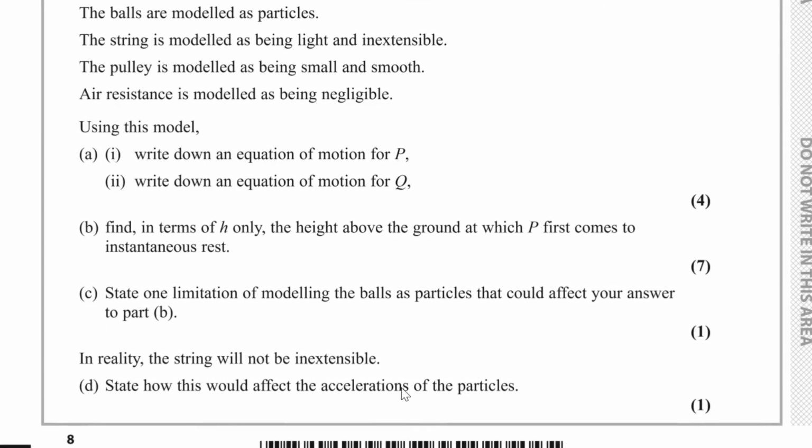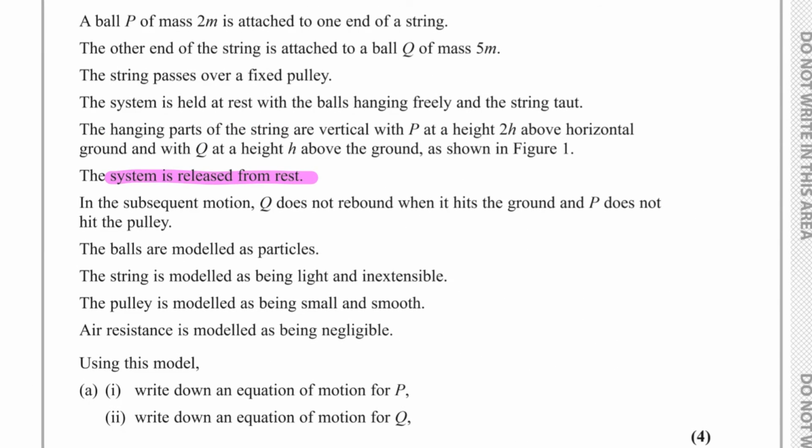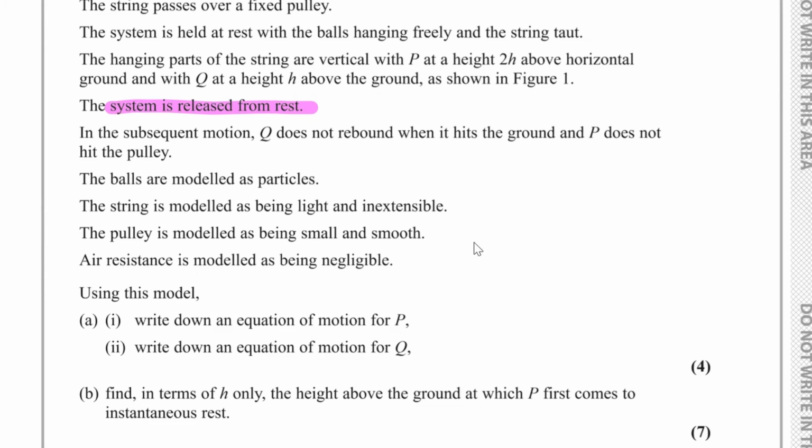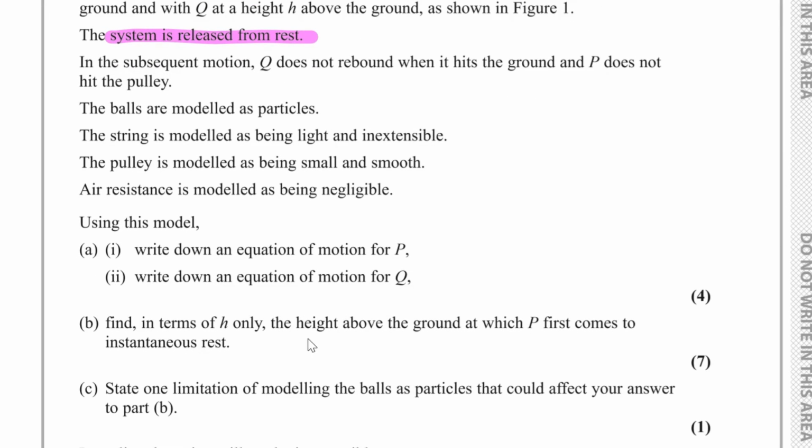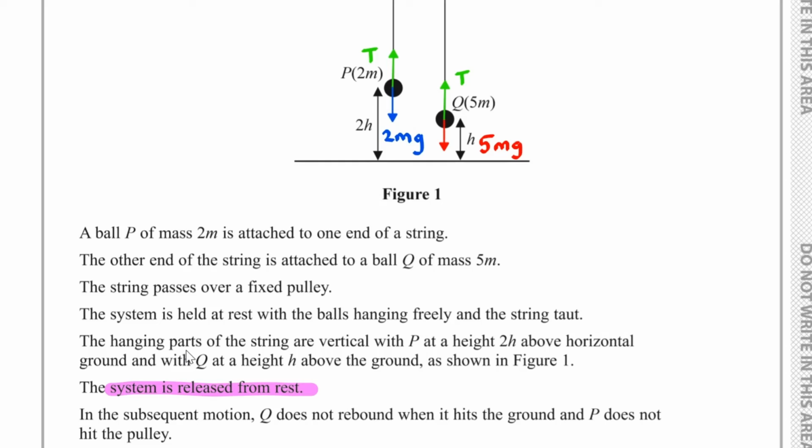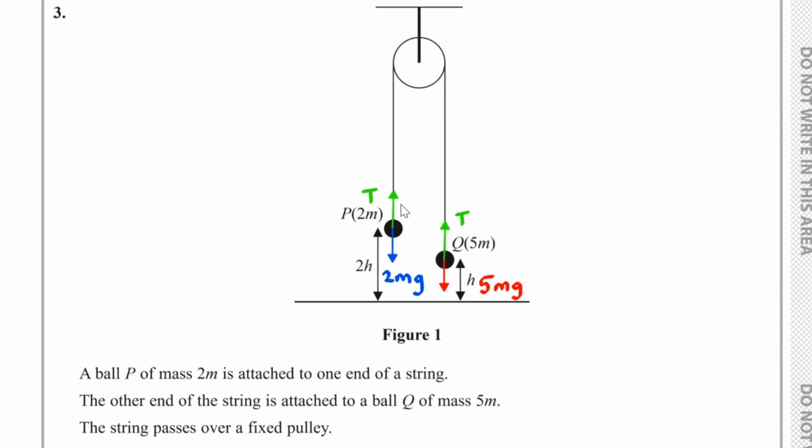Now, what we are looking for is the height above the ground at which P comes to instantaneous rest. So for us to find out what that is, what we can do is find out the height it's travelled.